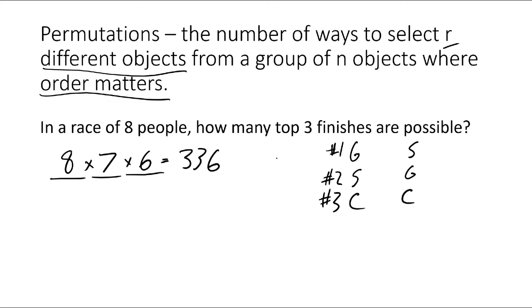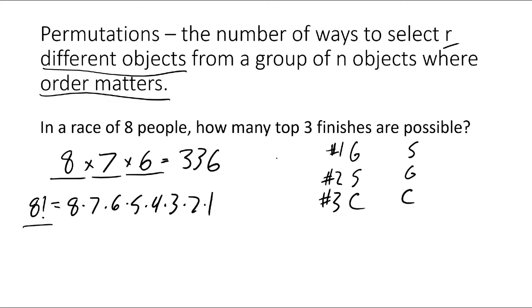So with 8 times 7 times 6, we notice that it just goes down by 1 every time. And so that's actually the first part of 8 factorial. 8 factorial is written as an 8 with an exclamation mark, and that's 8 times 7 times 6 times 5 times 4 times 3 times 2 times 1. So we want the first 3 numbers there, but we don't want 5 times 4 times 3 times 2 times 1, which is actually 5 factorial.